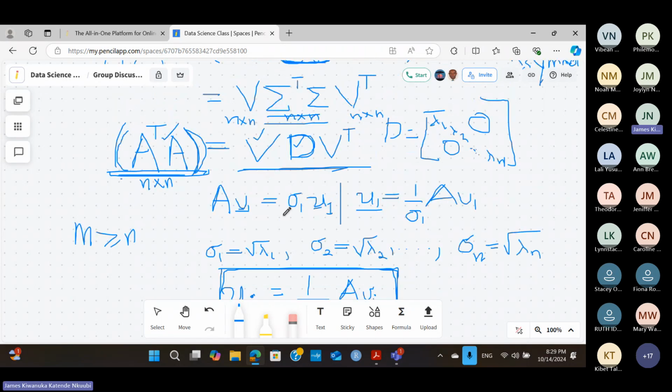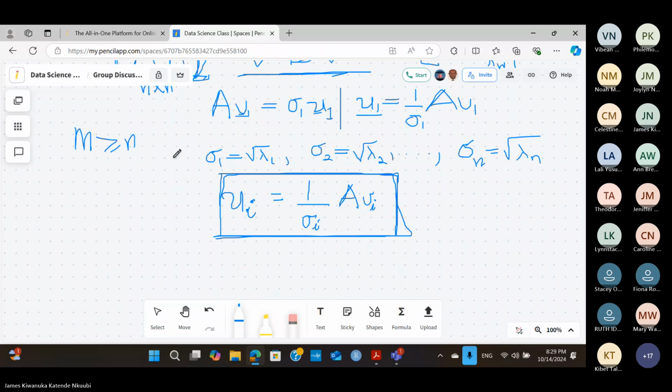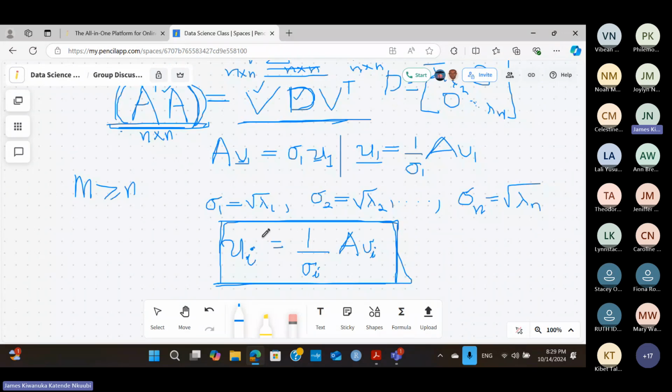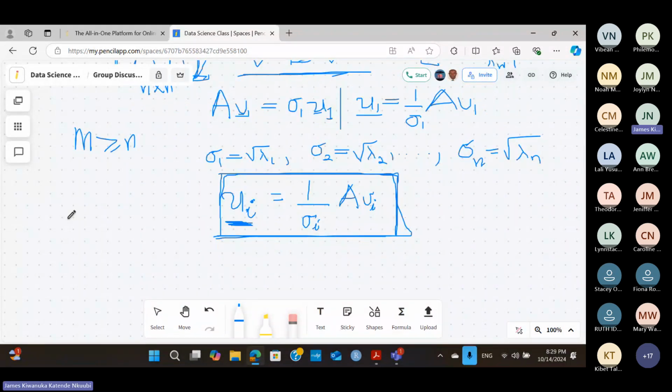So the other way you can do it, if you want to get the full SVD, one way is to extend the basis to a basis for the whole space. Because remember we said the matrix A is M by N, and M might be bigger.